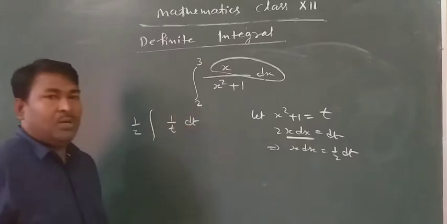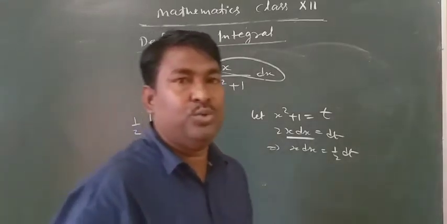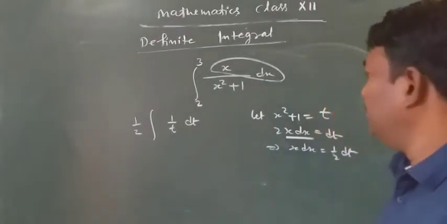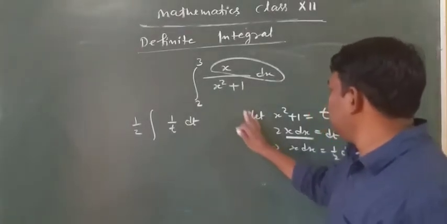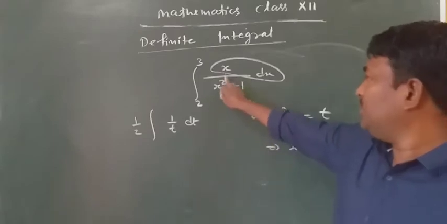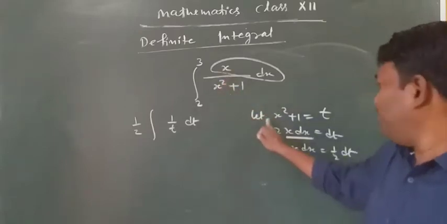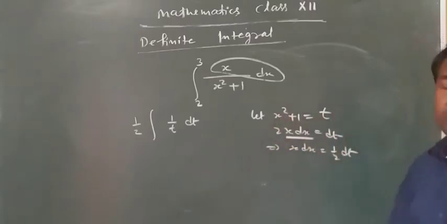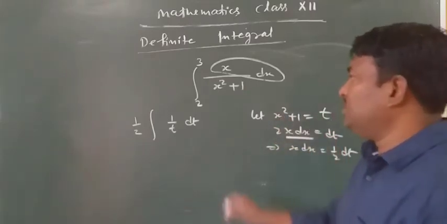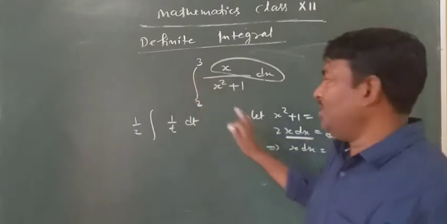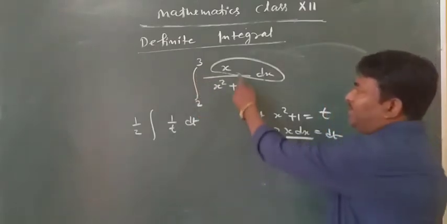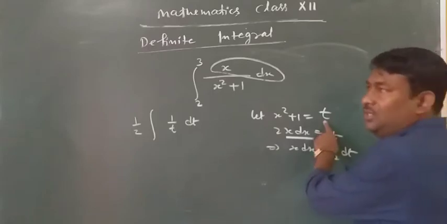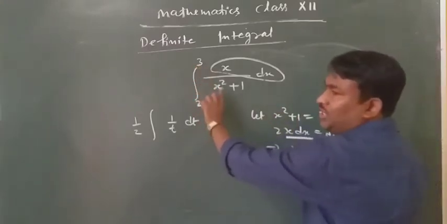Now one point you need to take care of and remember: if you are substituting x square plus 1 as t, then just leave these limits, since if you are changing the variable x into another variable t, then its limit values will also change.